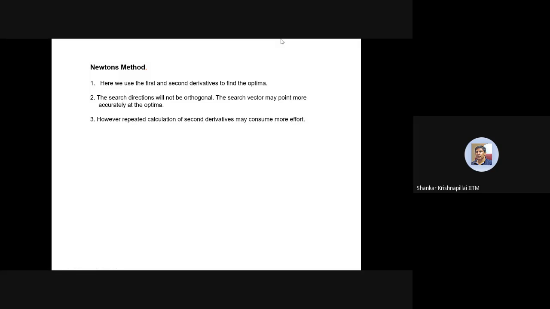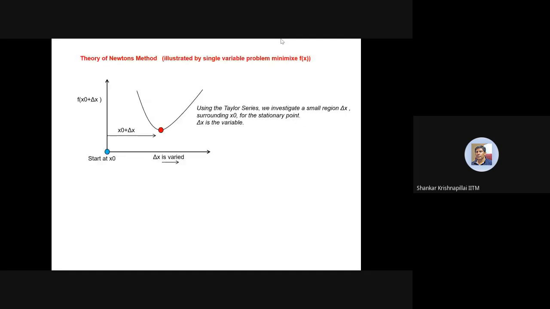Okay, so last class we started this Newton's method for multiple variables, that is two or more variables, and then we studied the background of Newton's method using a single variable problem, that is f(x) versus x.